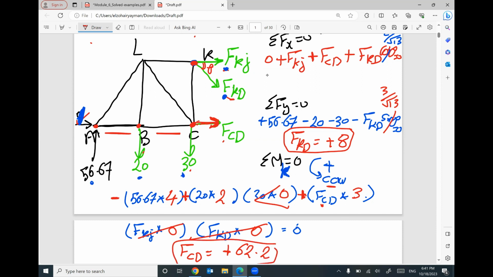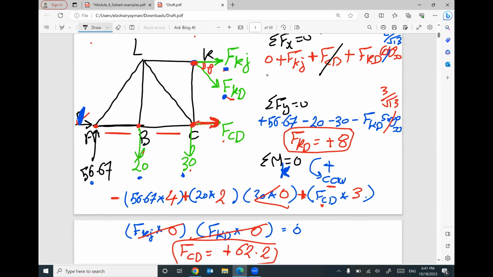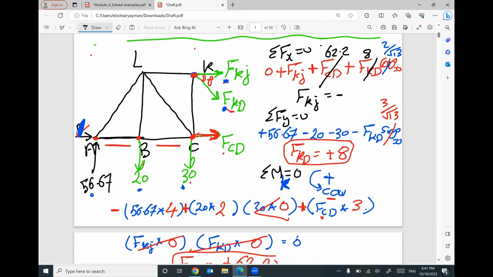If you go back here and put the value for FCD, 62.2, and the value for FKD, 8, I can find out the value of FKJ. It will be, I think, negative 66.67.